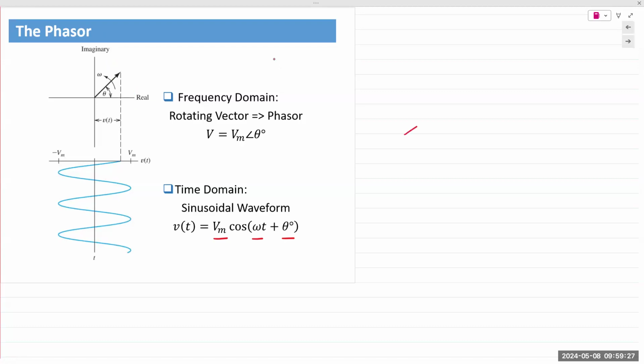You only need two things: the length of the vector, which is given by Vm or Vp, and the angle it makes with the x-axis. That angle is the phase of that waveform in degrees. This is the reason why we keep it separate and do not convert it into radians and combine it.